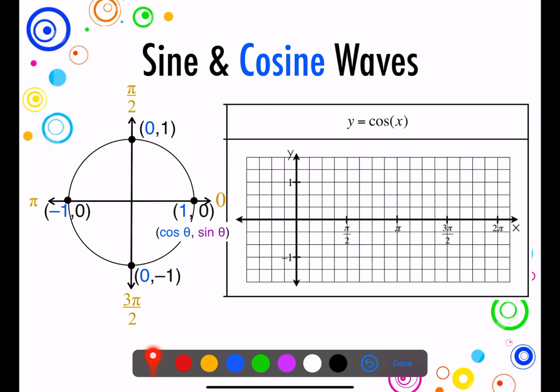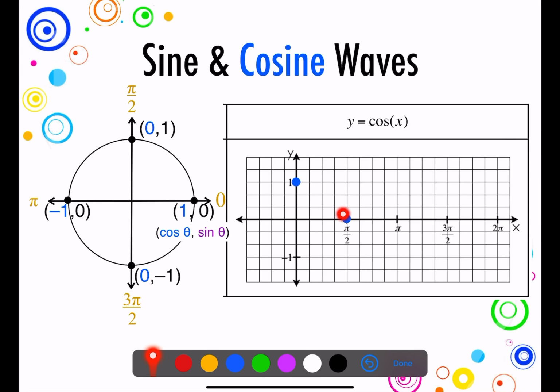For a cosine wave, we're going to be tracing where the x values go. So what happens to the x values in my unit circle as I go from 0 all the way around to 2 pi? So at 0, the x value is 1. So I'm going to plot 1 in my coordinate plane. At pi over 2, my x value is 0.